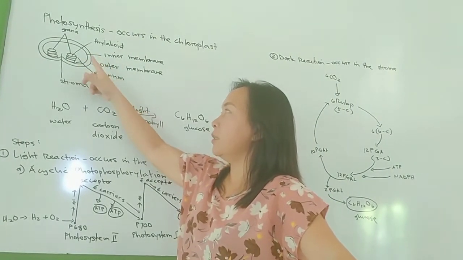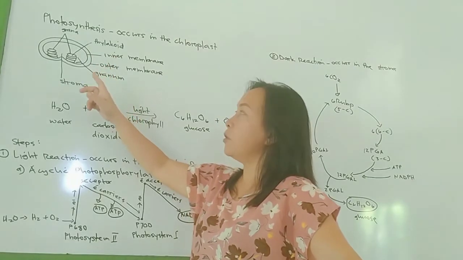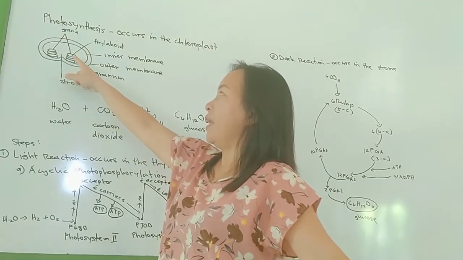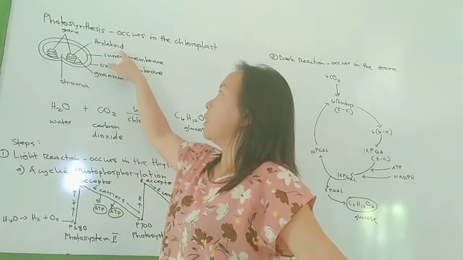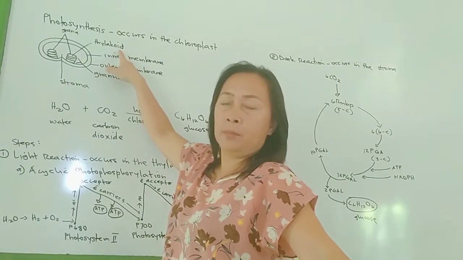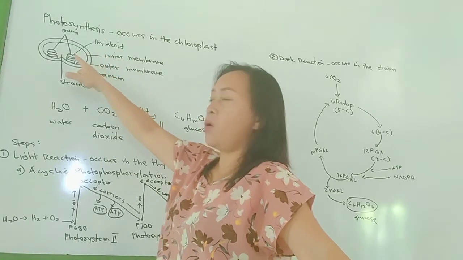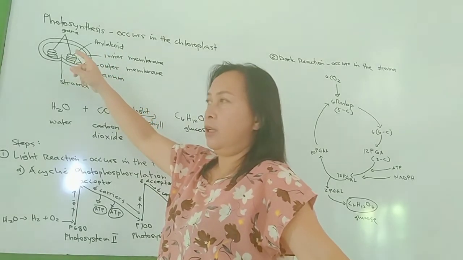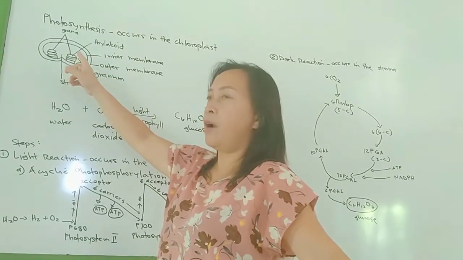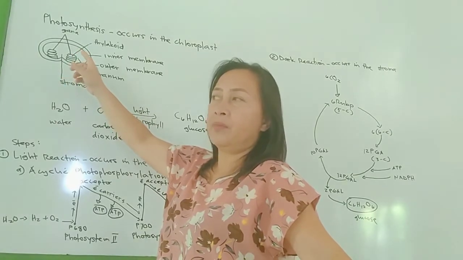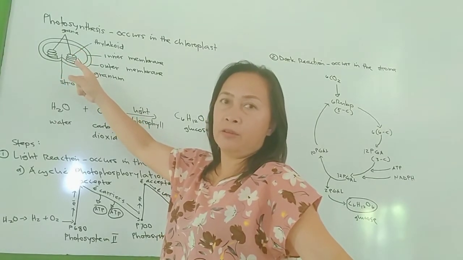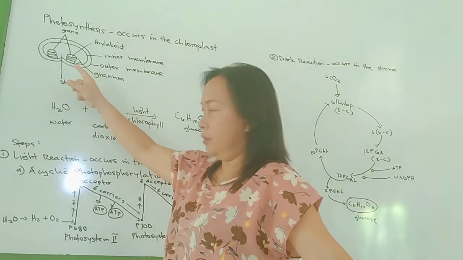Inside the inner membrane, you could see the coin-like structures. We call those the thylakoids, plural, thylakoid singular. So it looks like a coin. And these are where the pigments are found.